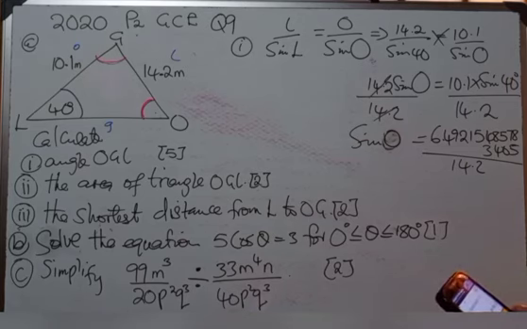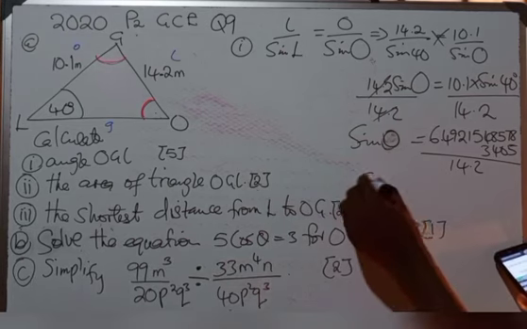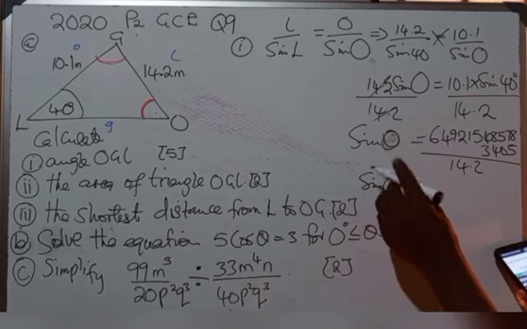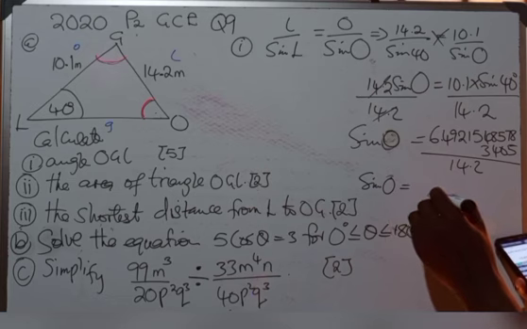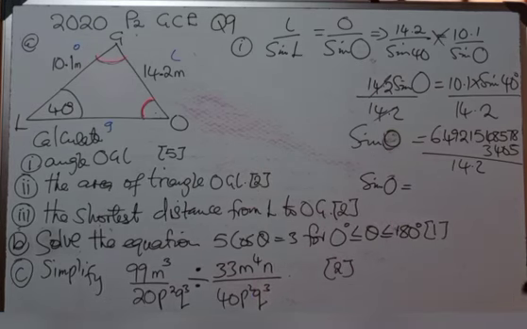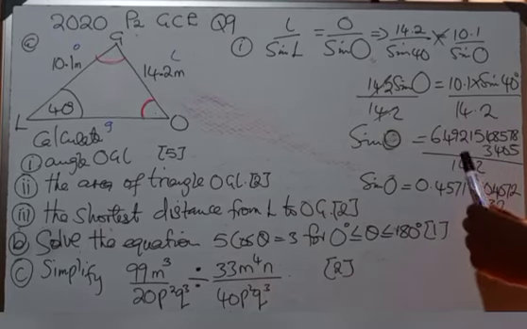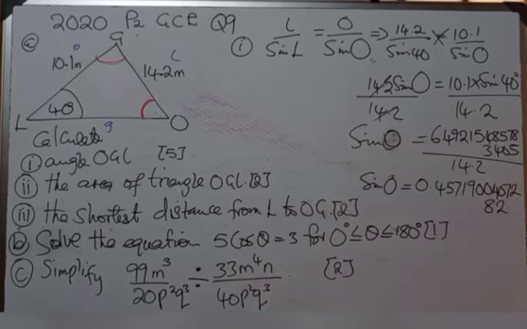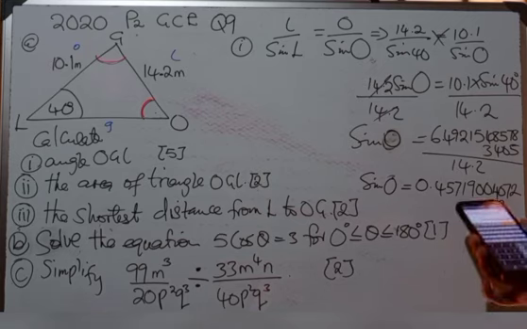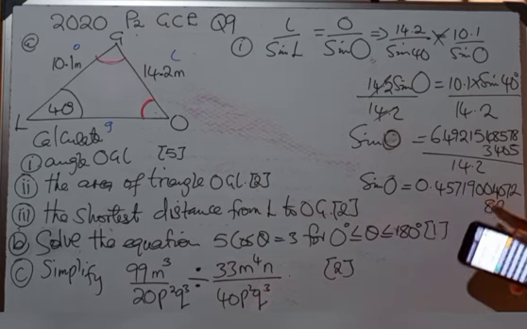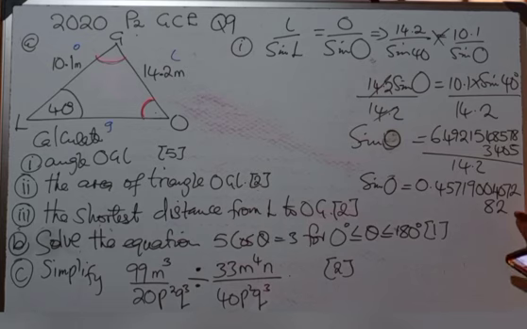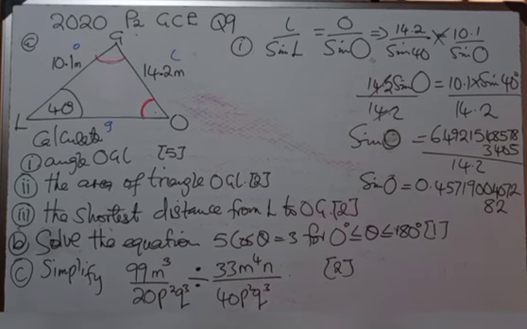So sine O is equal to 0.457190..., this is the answer we get.